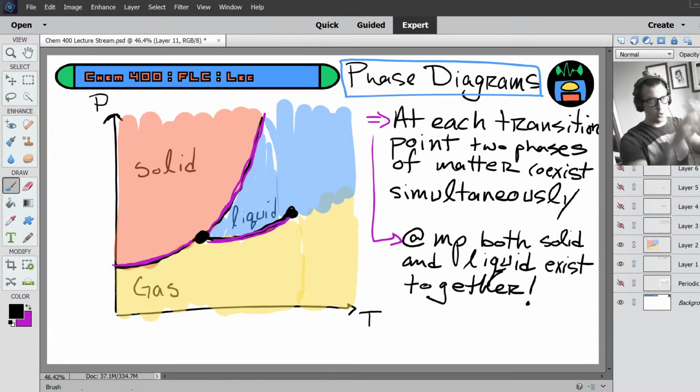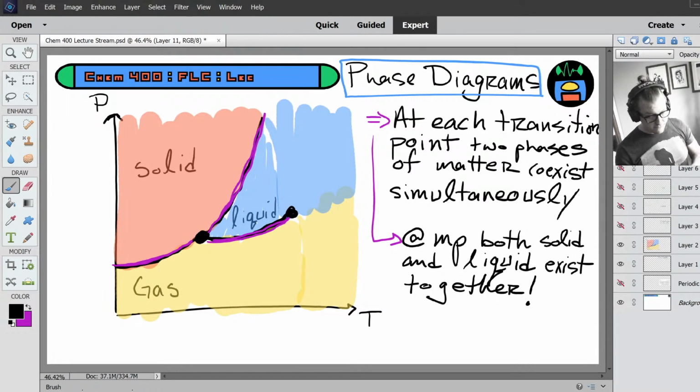You're not going to get total surface area coverage of your beverages, and they are not going to get as cold as they would if they were totally covered by water at 0 degrees Celsius. So at each transition point, both phases exist together.